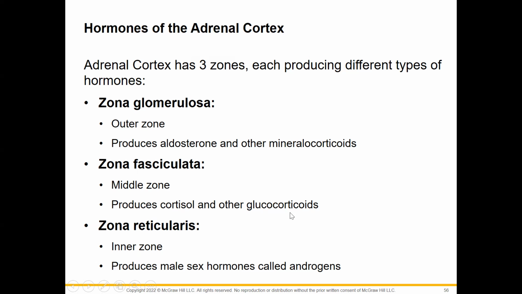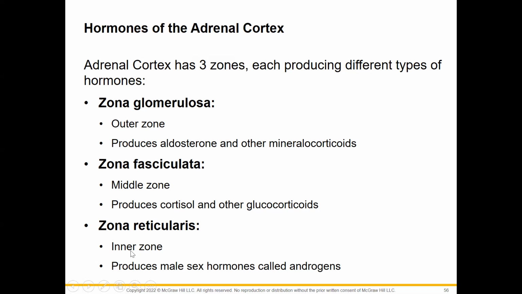So these are the hormones that will affect the sugar concentration in the blood. It will help to balance and maintain a certain sugar concentration in your blood. That's the middle zone. Zona reticularis is the deepest of the three zones.